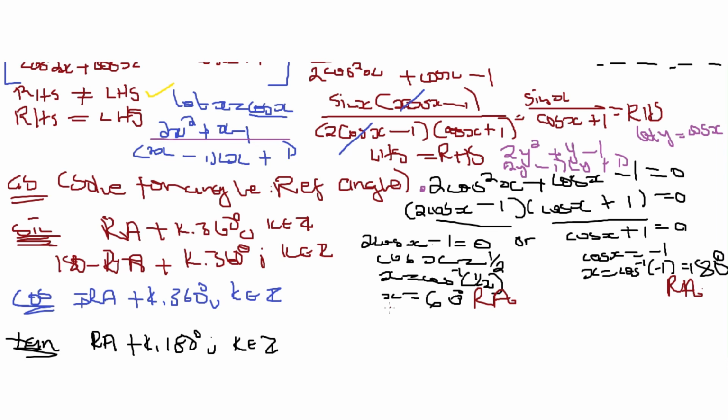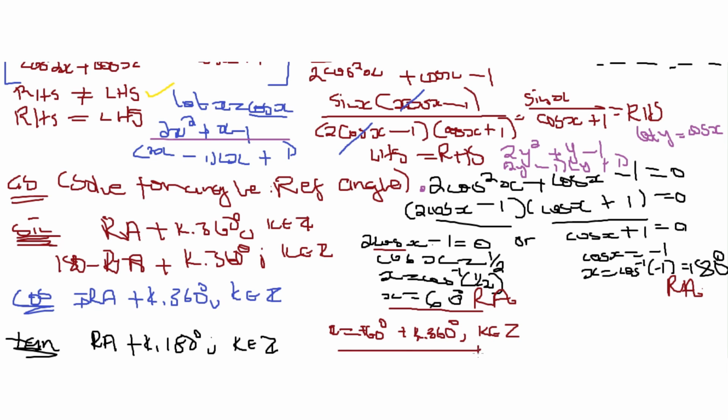And then in conclusion for this one, you're just going to say x is equal to your reference angle 60 degrees, and then you're going to say plus or minus. Why? Because we are using cos. We're going to conclude with this, plus 360 times k, where k is an element of z.